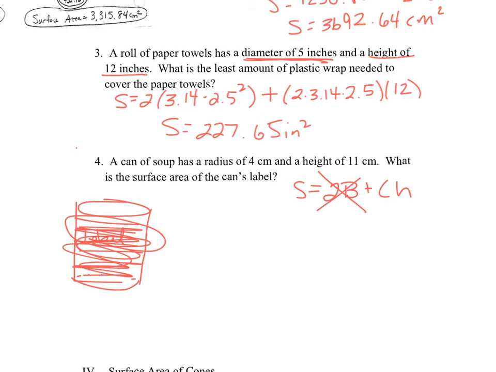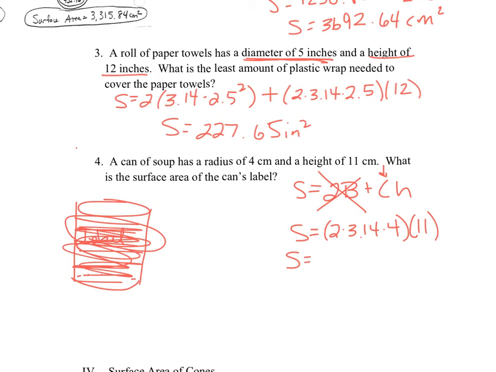So to figure out the surface area of the label, we're literally just going to do circumference, so 2 times pi times radius, times the height, which is 11. That's it. You do not have to do the bases because they're not part of the surface area of the can's label. So we're only looking at what's called our lateral area.